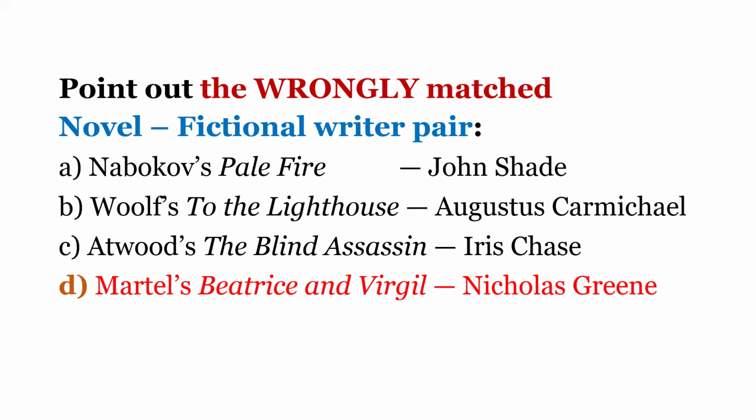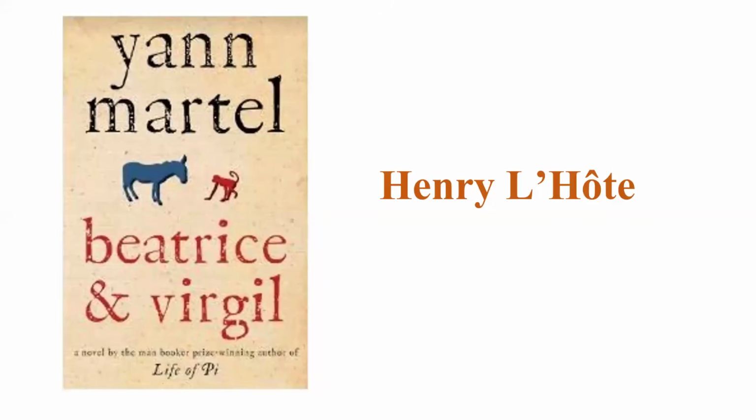But you can also answer this question. So in To the Lighthouse, you also have a female painter. What's her name? Then you have Margaret Atwood's Blind Assassin, Iris Chase. But let's focus on the question. Yann Martel's Beatrice and Virgil, it's a fantastic novel. If you haven't read Beatrice and Virgil, try it, because students mostly read Life of Pi.